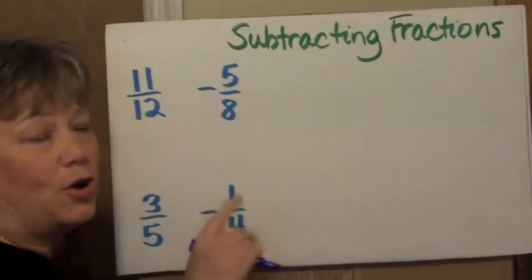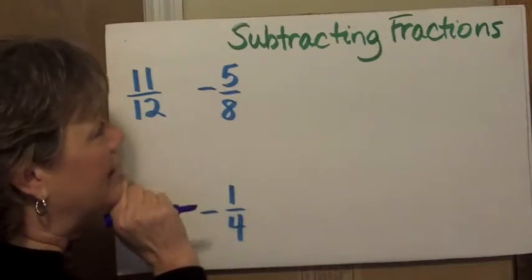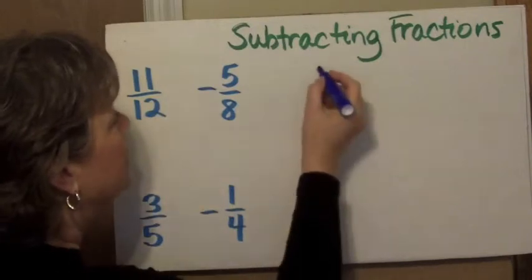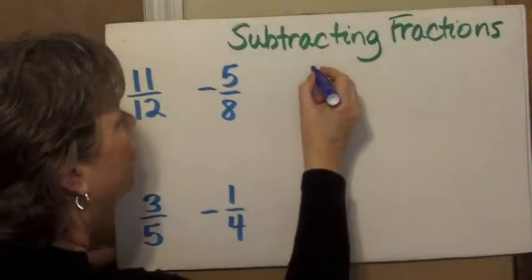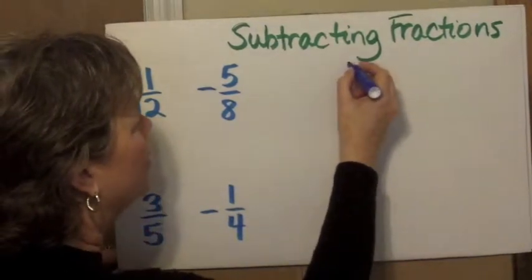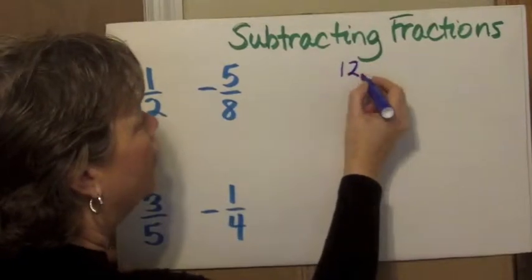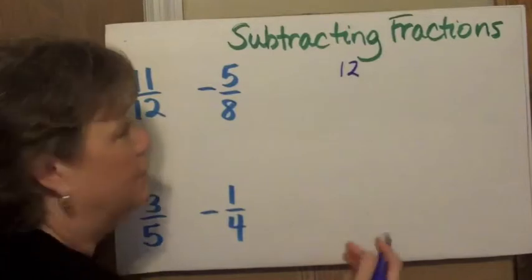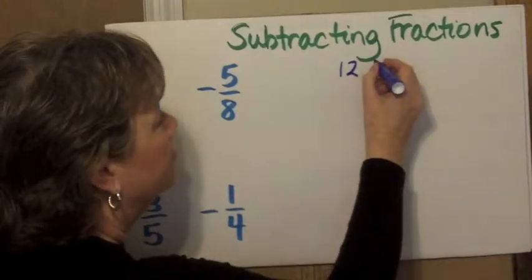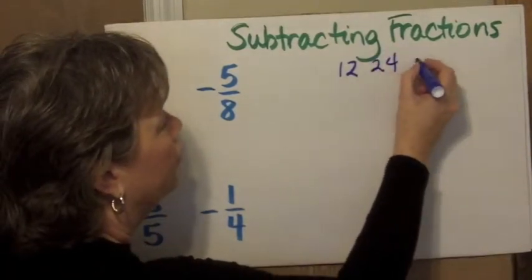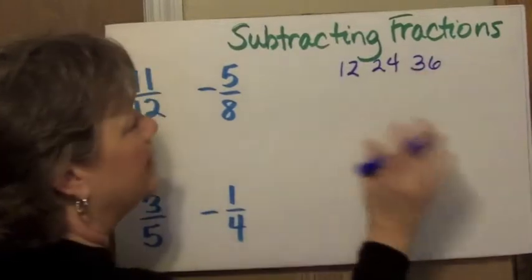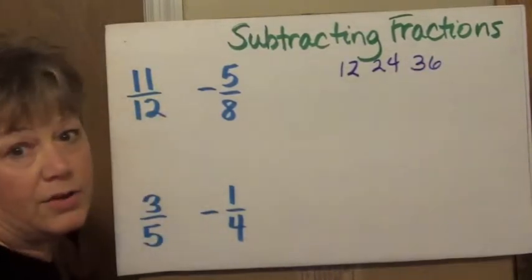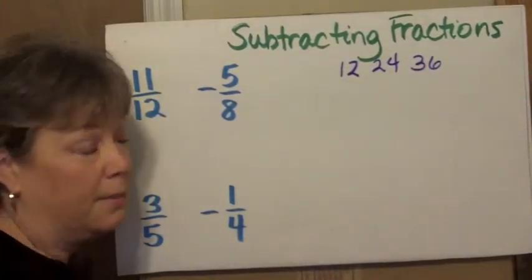I usually like to start with the largest fraction when I'm listing the multiples. So I'm going to start with 12, and I'm going to write them kind of small in case I want to do something else. 12, and then I skip count by 12, the 12 times tables. 12, 24, 36. I'm going to stop, thinking that something in there is going to work, because 12 is such a big number.